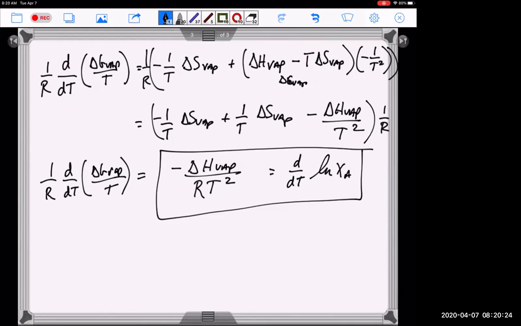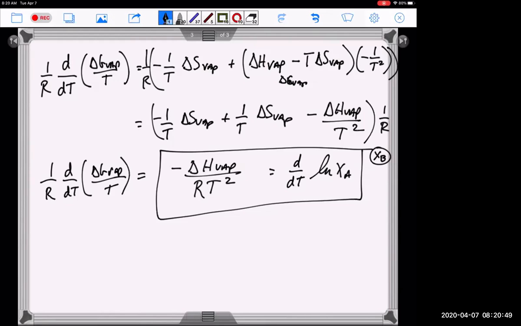We now have our mole fraction. We haven't completely connected the solute, which would be xB. That's what we want to do. We want to know what is the function of putting different mole fractions of a solute into our temperature changes.